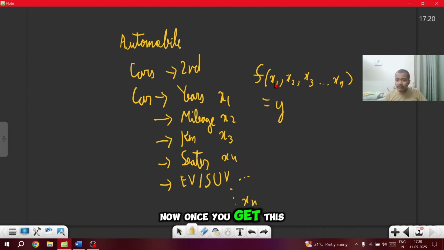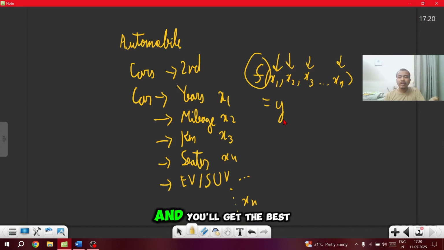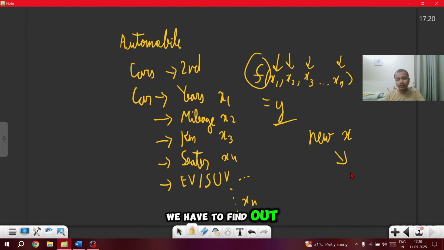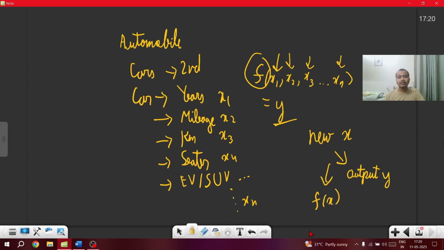Once you get this function, for every new car you can just give the input x1 to xn and you'll get the best price as y. So for every new x, we have to find out an output y. To find this output y, we need the function f of x.